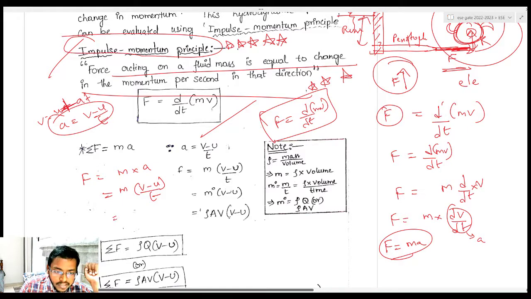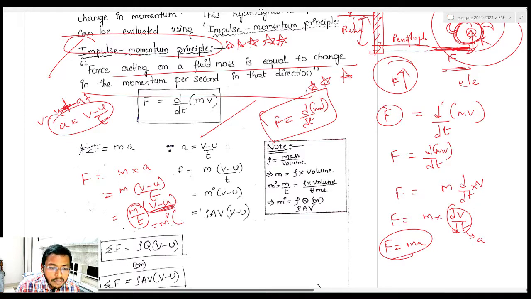So what I am doing is m into (v minus u), these are velocity components, right? Keep it aside. I am writing m by t as one term, and I am writing this m by t as m naught.